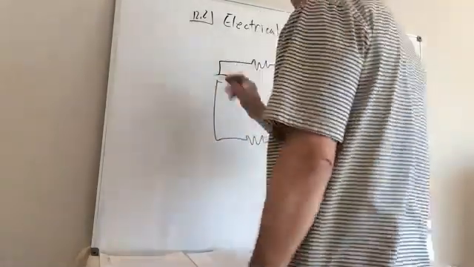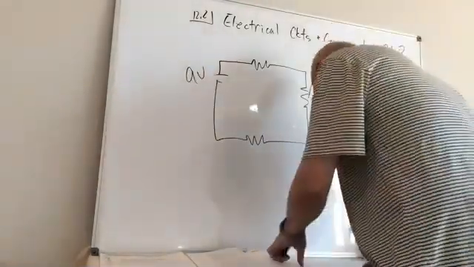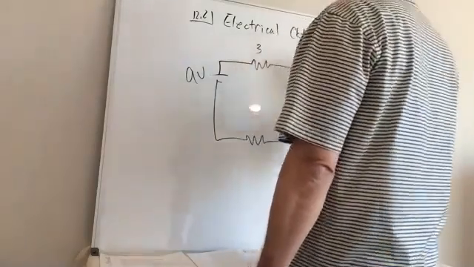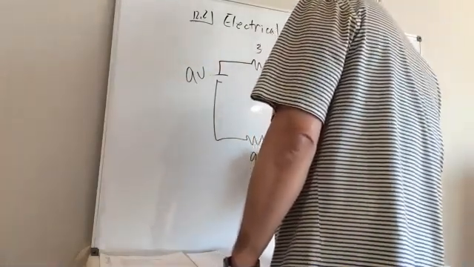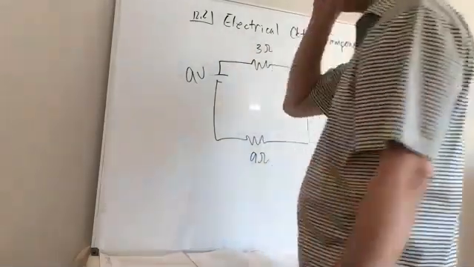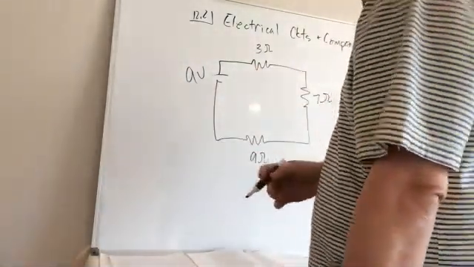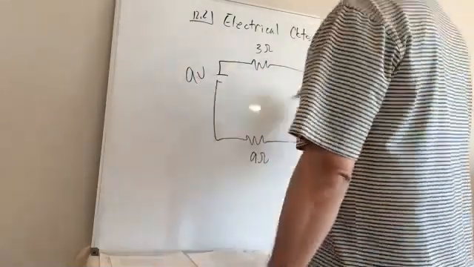I have 9 volts here, and I have 3, 7, and 9 ohms. Okay. Again, the very first thing we're going to do is try to determine the total current flow. We're going to find the current, right?